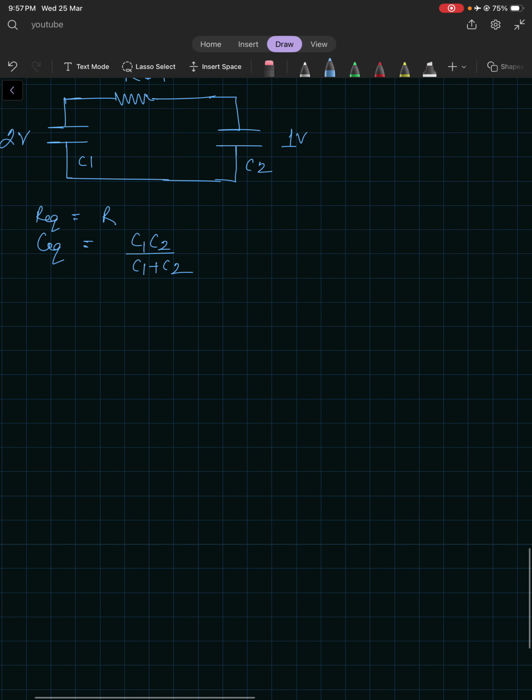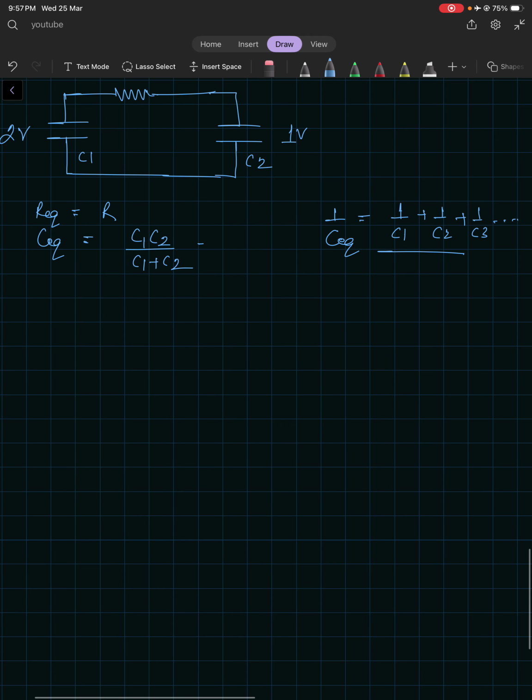If multiple capacitors are in series, then 1 by C equivalent is 1 by C1 plus 1 by C2 plus 1 by C3, and so on. Here we have only two capacitors, so C equivalent is simply C1 C2 upon C1 plus C2. That is 1 into 0.5 upon 1 plus 0.5, which is 1 by 3.